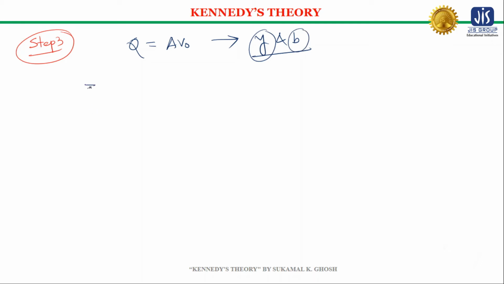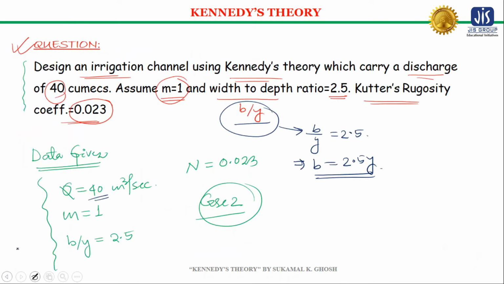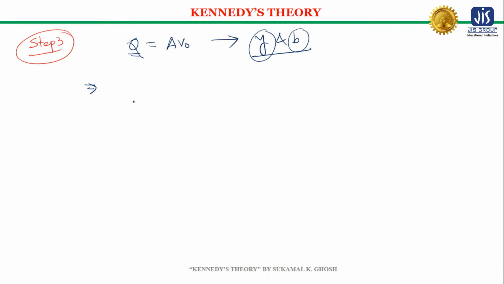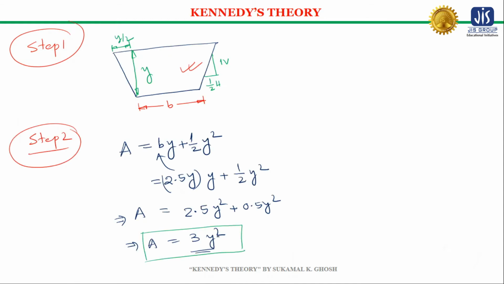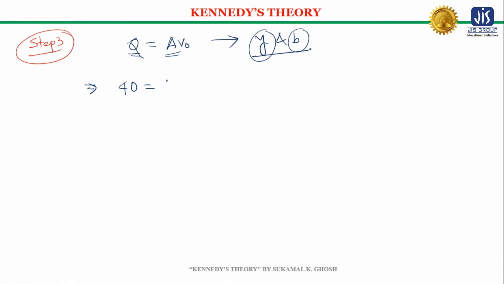So what is the value of this Q? The value of Q is 40, and the value of A is 3y square, right? So 3y square.